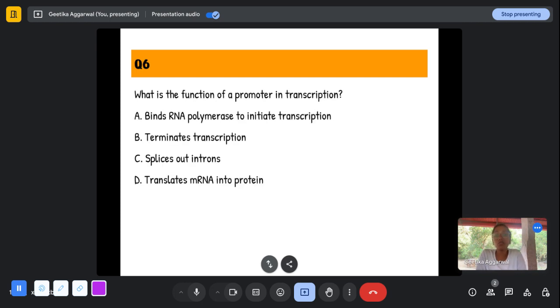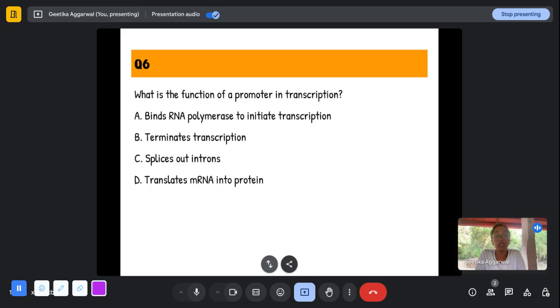Next question asks, what is the function of a promoter in transcription? Option A, it binds RNA polymerase to initiate transcription. Option B, it terminates transcription. Option C, it splices out introns. Or option D, it translates mRNA into protein.